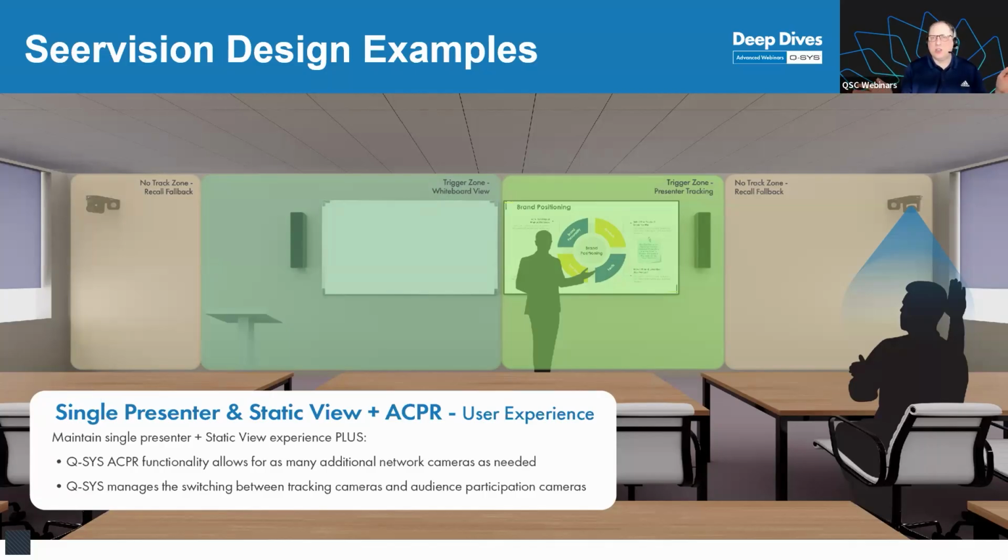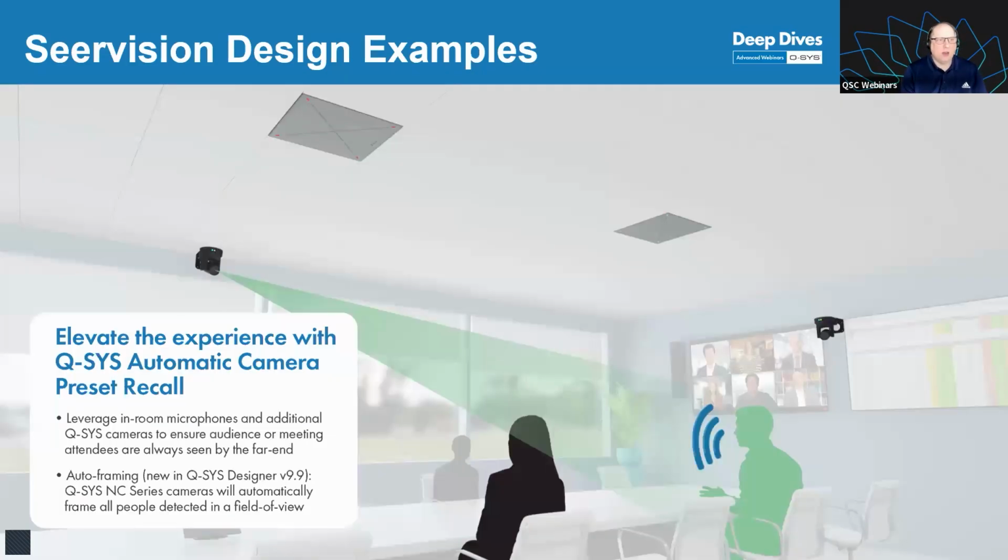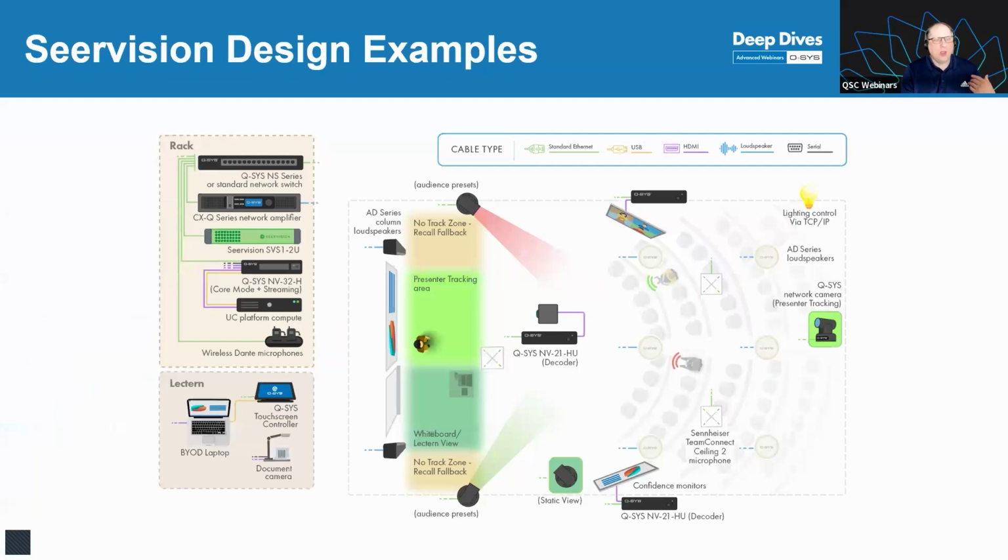ACPR then says, "Hey, Seer Vision, do your thing. We're now going to switch to you so you can track the presenter at the front of the room." And as we have questions go back and forth, that camera control is going to go back and forth between Seer Vision and ACPR. For these situations, we still only have one tracking camera.